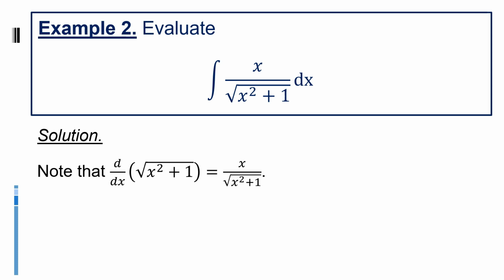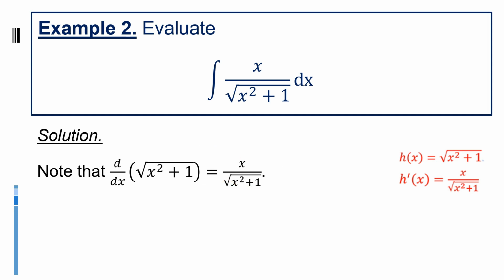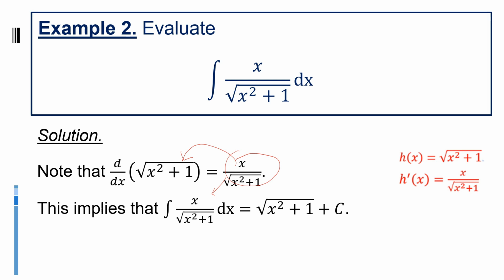And since we know na ang differentiation at integration are inverse processes, then, given that h of x is equal to the square root of x squared plus 1 and h prime of x is equal to x over square root of x squared plus 1, this implies that the integral of this now, okay, yung integral nito, kasi inverse processes is actually square root of x squared plus 1 plus c.